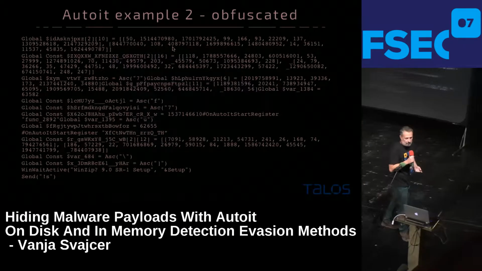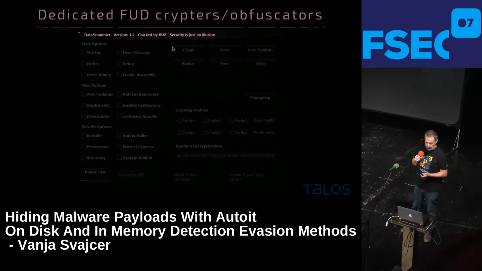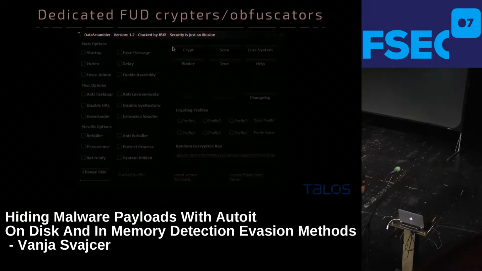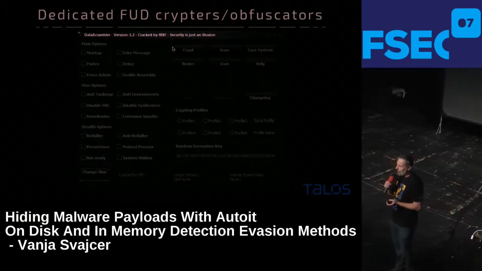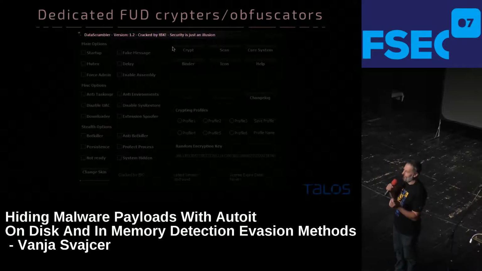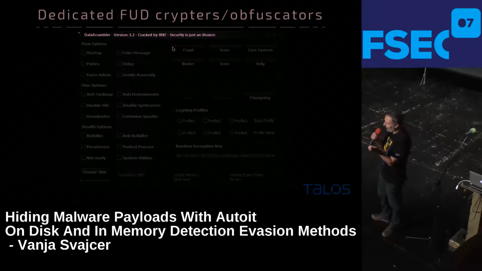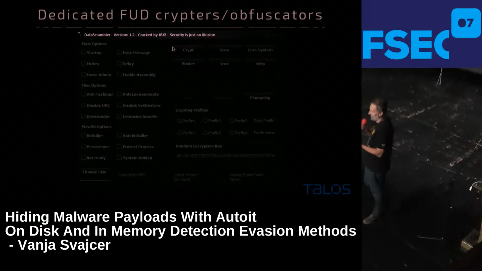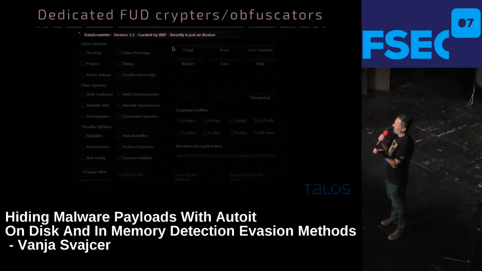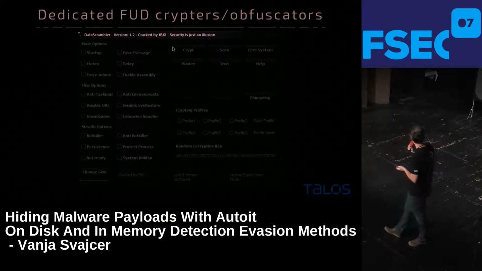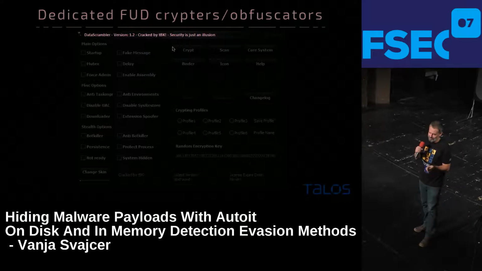The malware writers are trying to use this. There's this idea in some of the script kiddies' forums of FUD malware, and I always thought it's fear, uncertainty, and doubt. I was always wondering what kind of fear, uncertainty, and doubt malware that is, but it turns out it's fully undetectable malware.